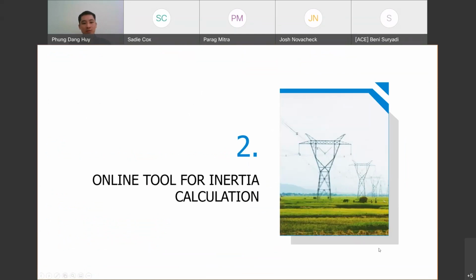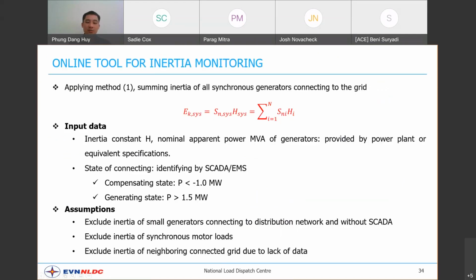Okay, so moving on to our online tool for inertia calculation. This is the formula that I have mentioned. When we have the inertia constant and the MVA of the generators, we can sum it up. And to determine the connection state of generators, usually there are two ways. One is to use the output power. One is to use the state of the terminal circuit breaker.